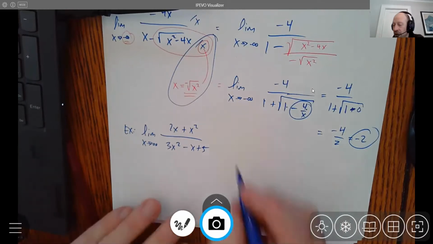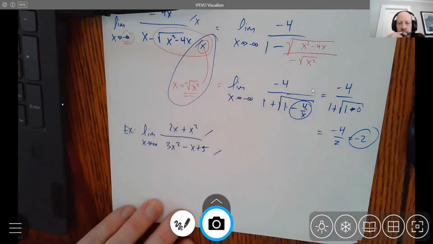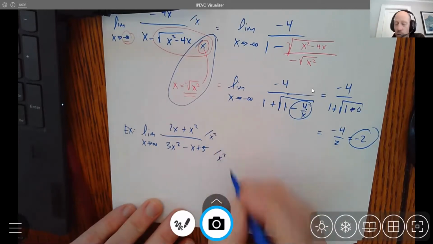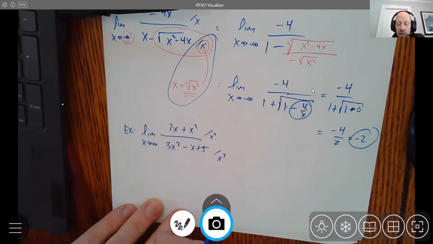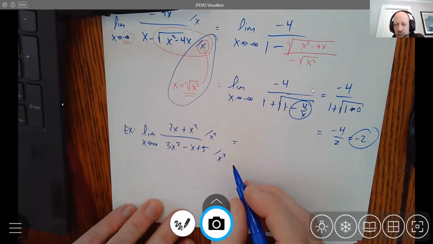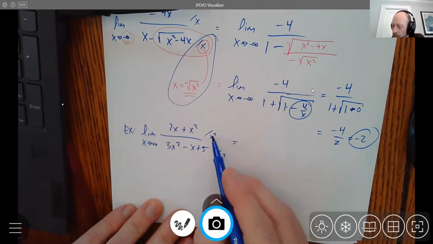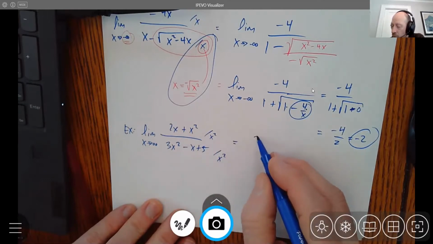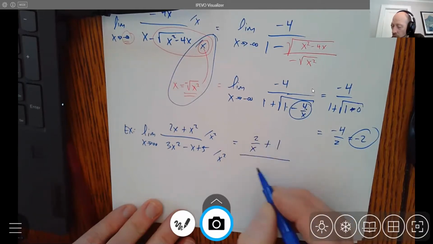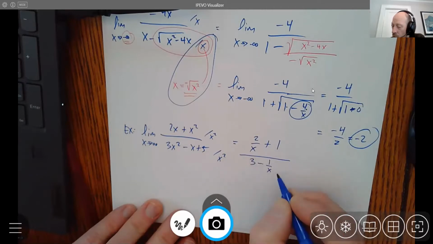The strategy is I'm going to divide top and bottom again. I'm going to divide top and bottom here by x squared in this case. I want to divide by the largest power present. So 2x over x squared gives me 2 over x plus 1, all over 3 minus 1 over x plus 5 over x squared.